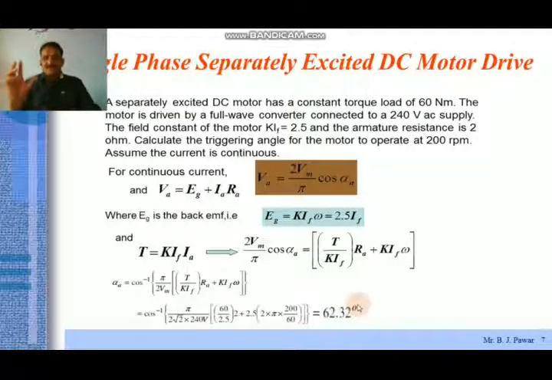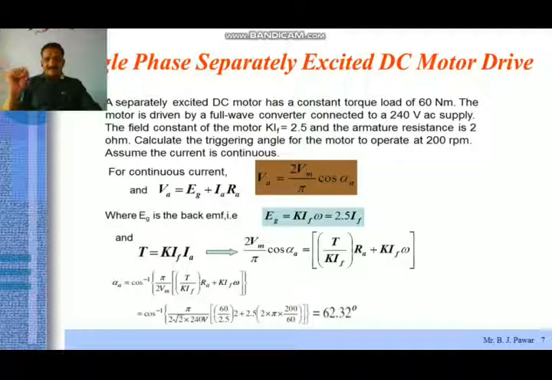So we set this firing angle by various firing methods which we already discussed in AC voltage control, like gate triggering, and there are different types, like UJT triggering, or by using DIAC and so on.